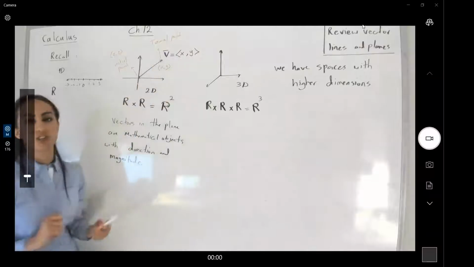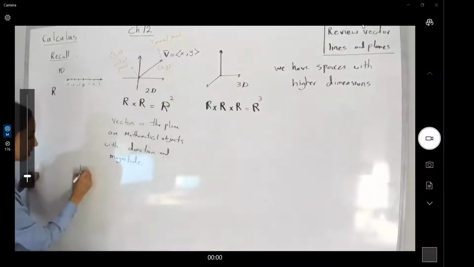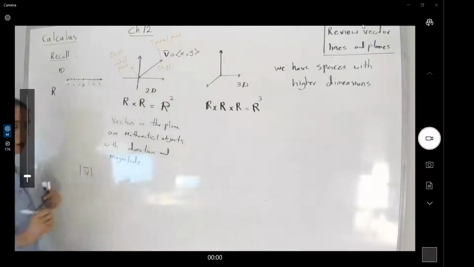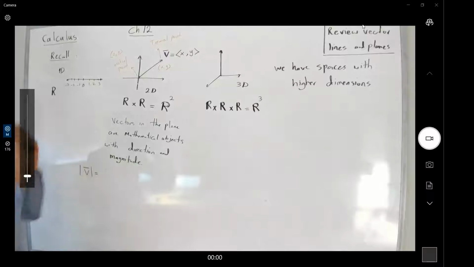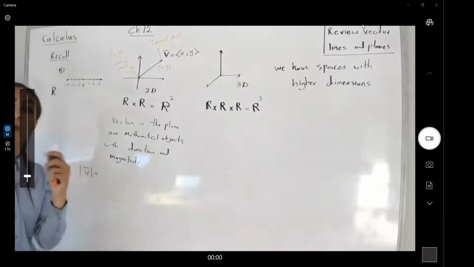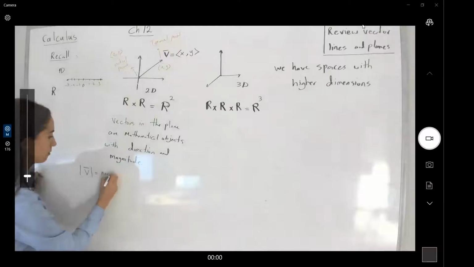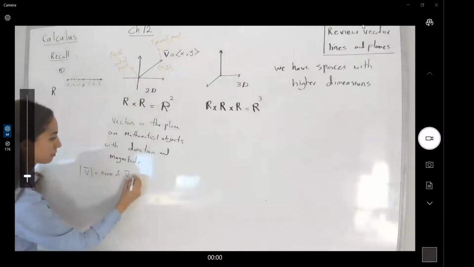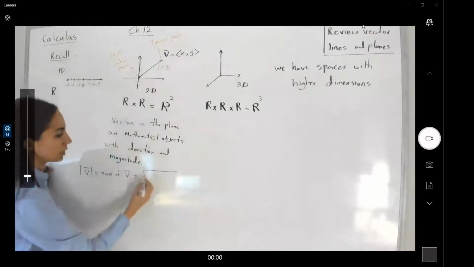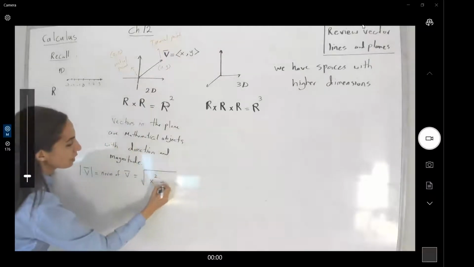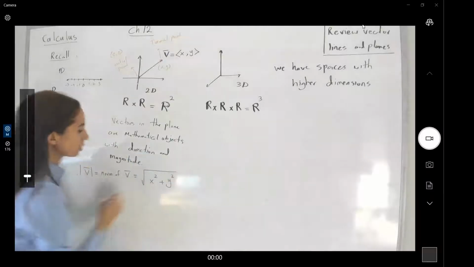So it shows direction. How do we find the magnitude? The magnitude of vector v, or absolute value of v, or sometimes we call it the norm of v, is equal to the square root of: we take the first component, raise it to the second power, we take the second component, raise it to the second power, add them together.